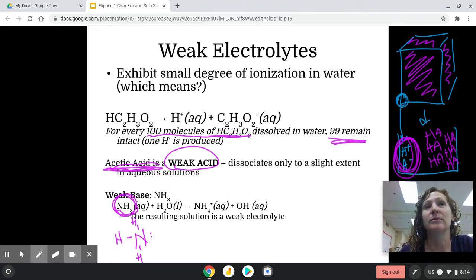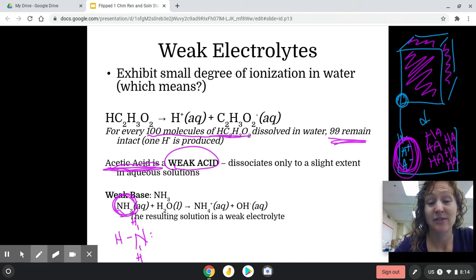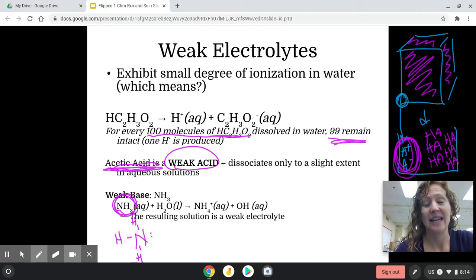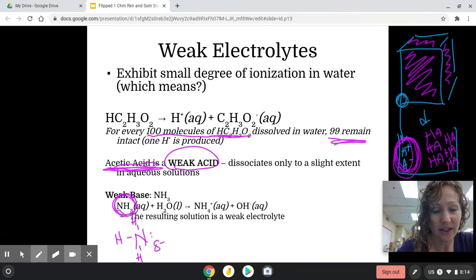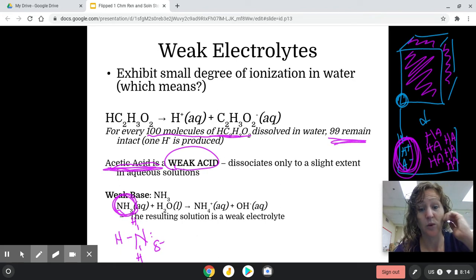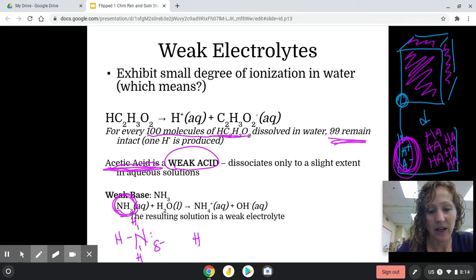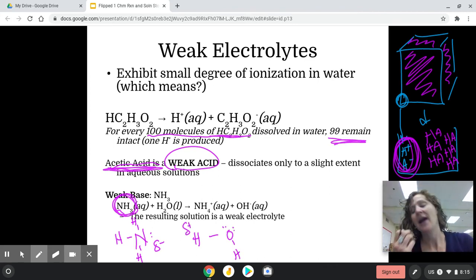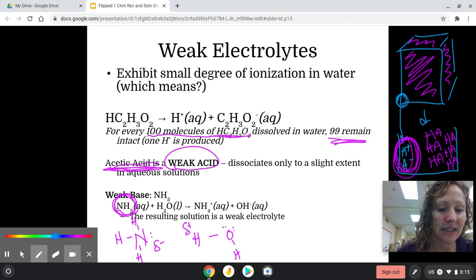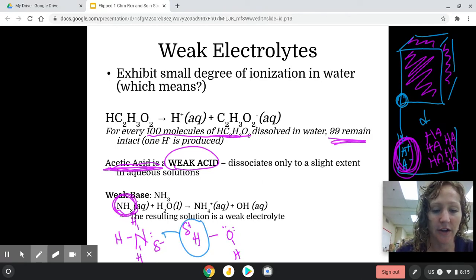So that nitrogen is very, very negative. It's still partially negative. It's still not a complete negative, but it's extremely negative, which means it's going to have a very high attraction to things that are positive or partially positive, like hydrogen. And so what happens is out of every 100 molecules of ammonia, about one of those ammonia molecules is successful at stealing the hydrogen off of water.